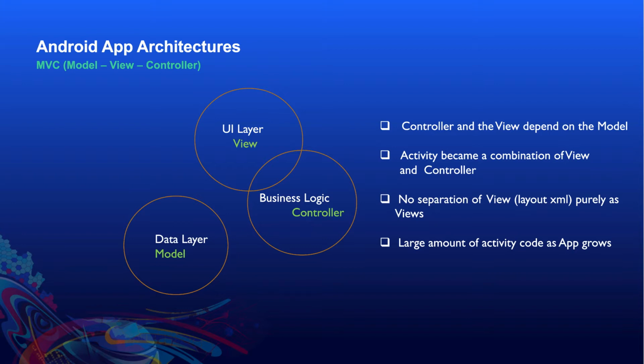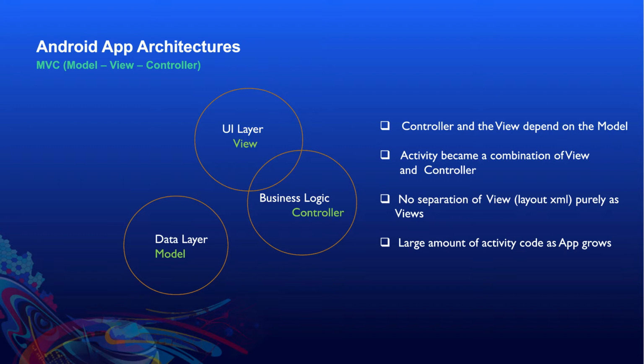MVC has been there for a long time, and it is the beginning architecture with which most Android applications were built. In Android specifically, the activities, fragments, and views would constitute the views in the MVC model, and the controllers are separate classes which don't extend any Android classes in general, and the same applies for models as well.